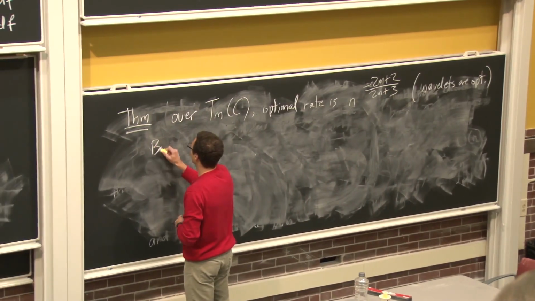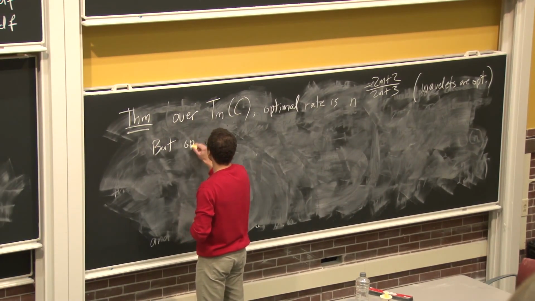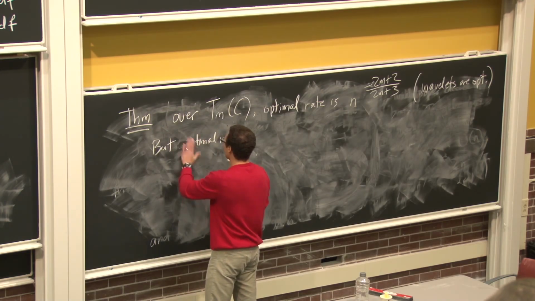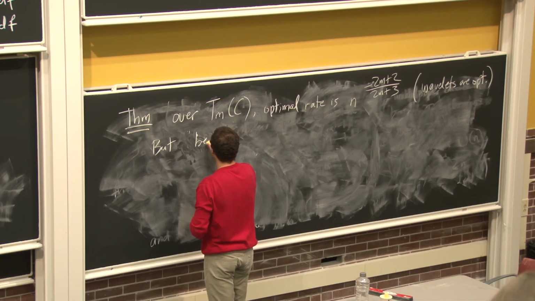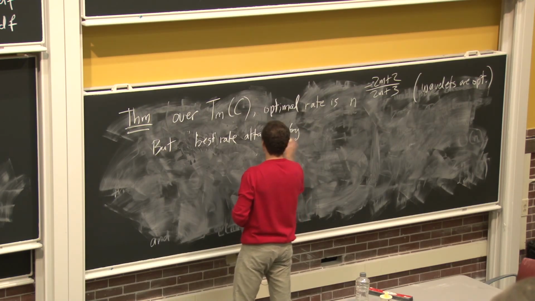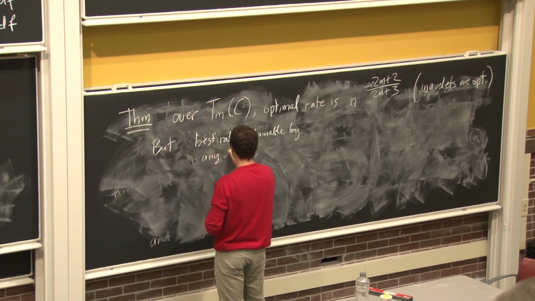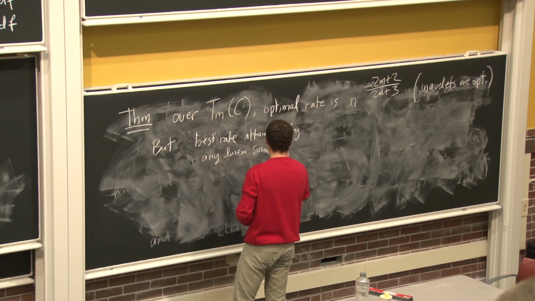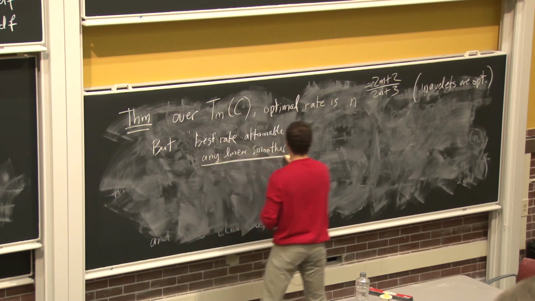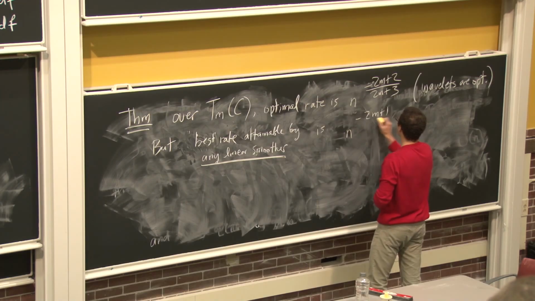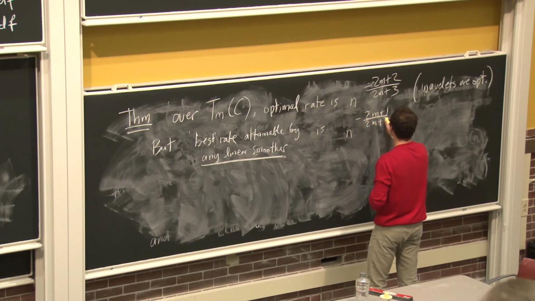But the optimal rate, let's just call it the best rate attainable by any linear smoother is n to the minus (2m plus 1) over (2m plus 2).